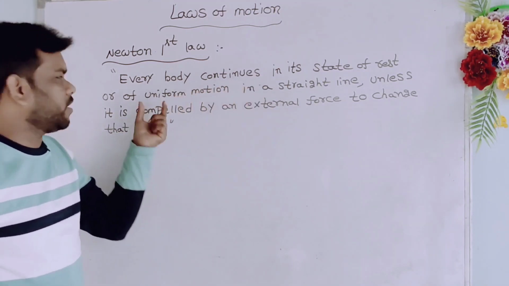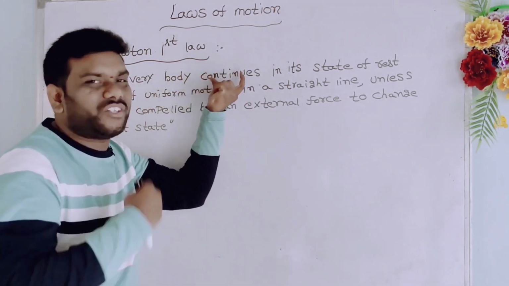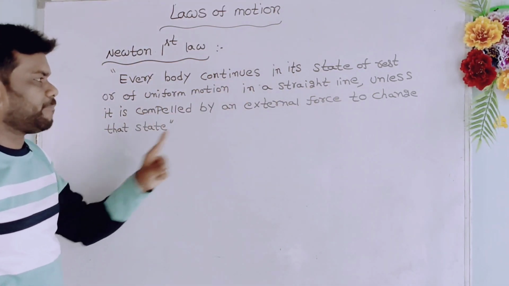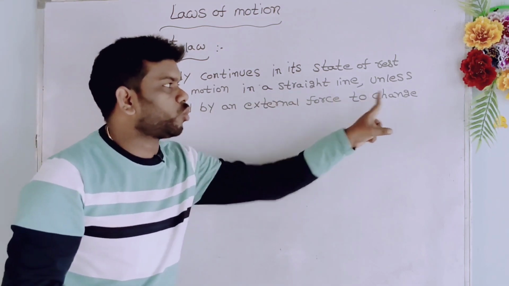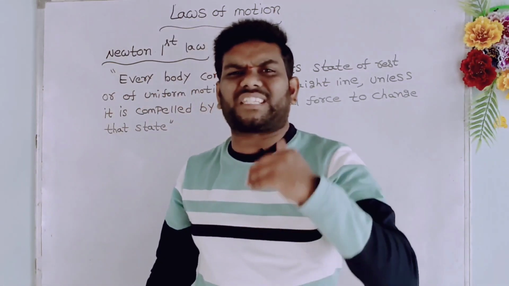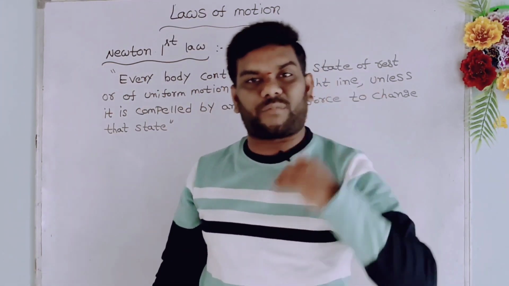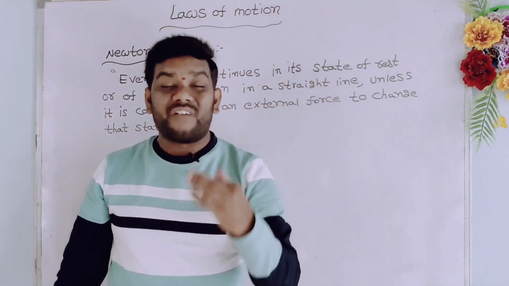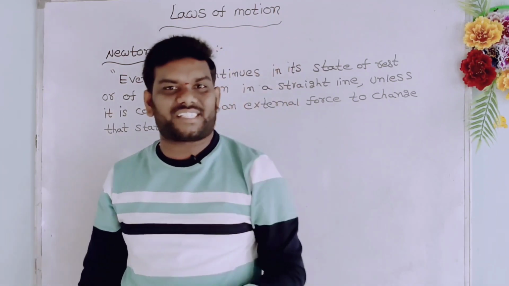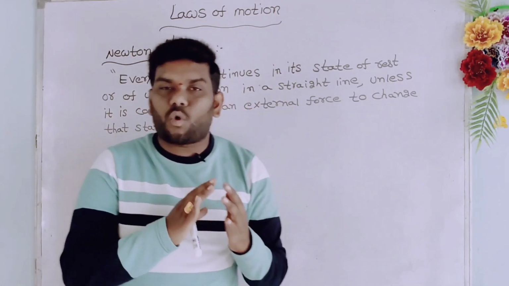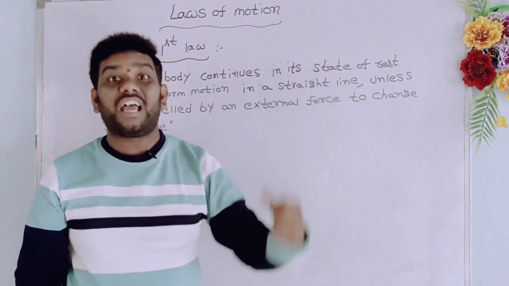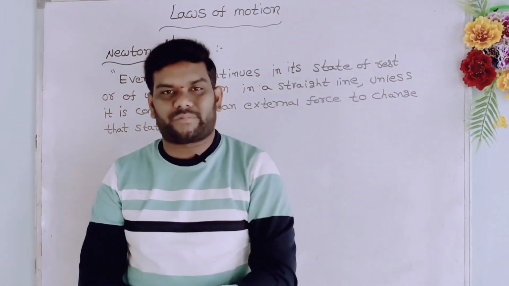A body in uniform motion also continues moving unless it is compelled by an external force to change that state. Until you apply an external force, it continues the state of rest or the uniform motion. When an external force is applied on that object, definitely the state changes. So when there is no external force, it continues the state of rest and the uniform motion. That is called Newton's first law of motion.